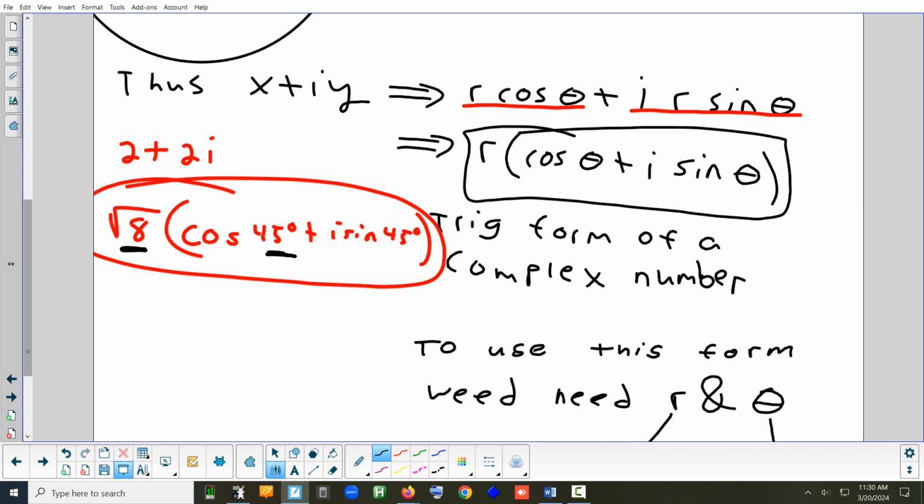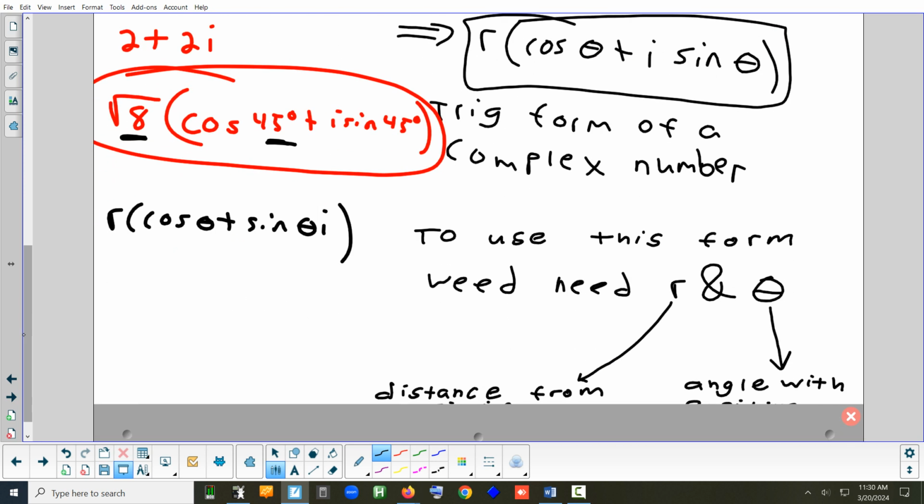One guess I have why they don't put the i at the end is because if you write this, what I'm confused about is whether this i is part of the argument or not. It's the same reason as with a square root.